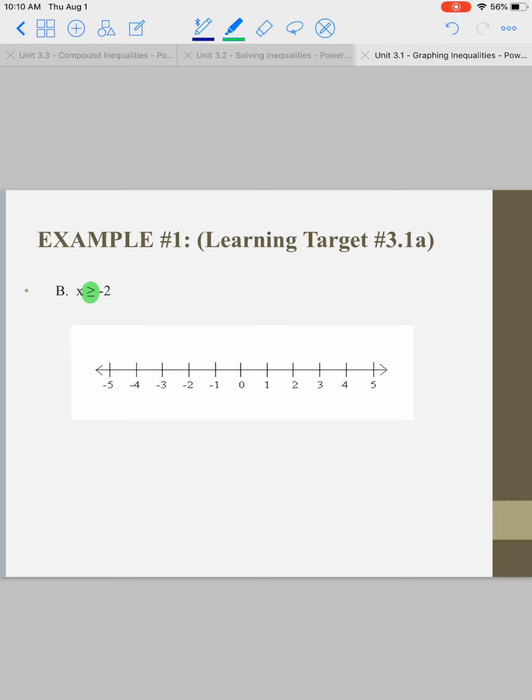The variable's on the left-hand side. It's isolated. It's by itself. So we can go to -2. It's a closed circle because it's greater than or equal to. And we can just follow the direction of our inequality sign. You have to be careful when doing that.